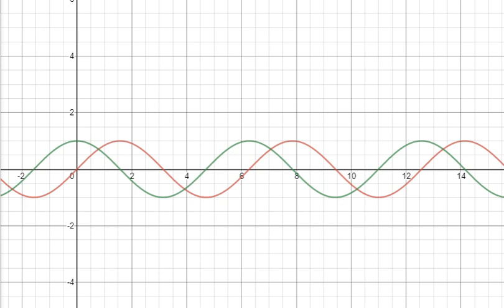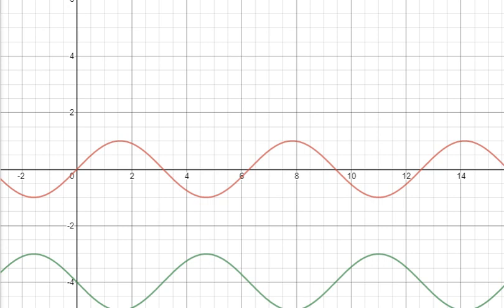I think one of my variables is wrong, so let me adjust it. Okay, I don't think I need a cos wave. What I did is I brought in a wave which is 180 degrees out of phase, which means I brought a sine wave which is reflected on the x-axis.